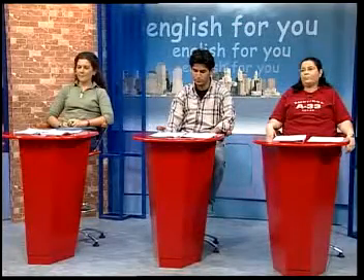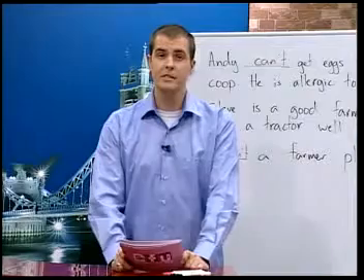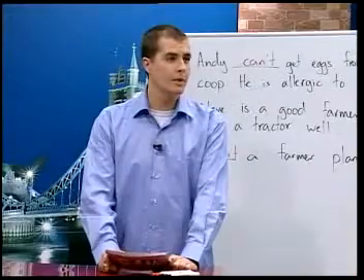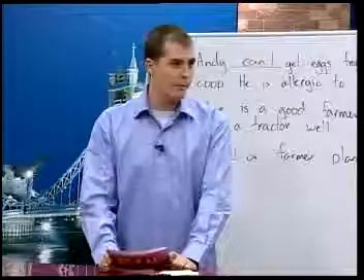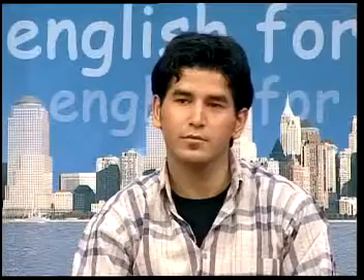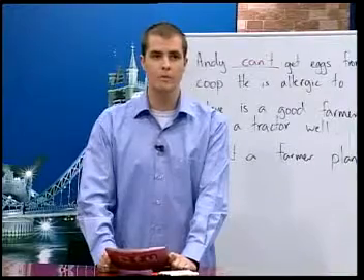Let's do another exercise. Let's make sentences using should or shouldn't. Rosa, you can give me 3 sentences about a farmer. Monica, 3 sentences about a farmer's wife, and Lewis, 3 sentences about a farmer's children. Okay, Rosa. A farmer shouldn't hate his animals.